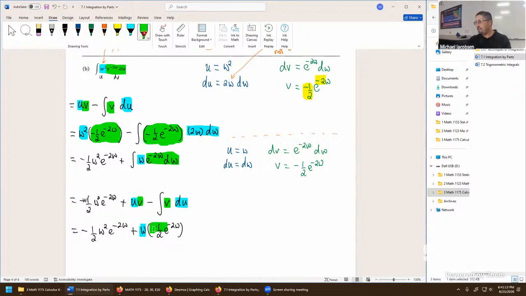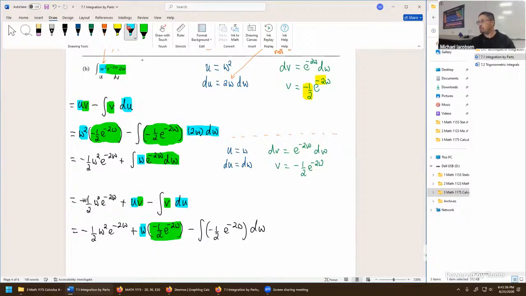So there's u and v, minus the integral of v once again. So here's negative 1/2 e to the power negative 2w. And now this part right here, du, is just dw.